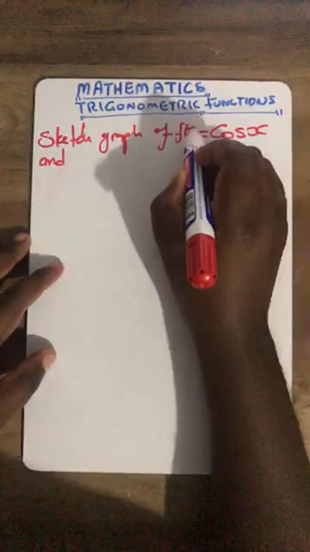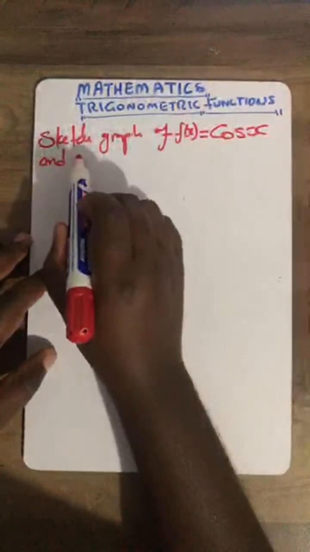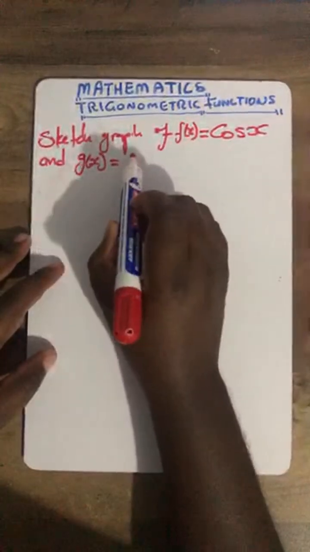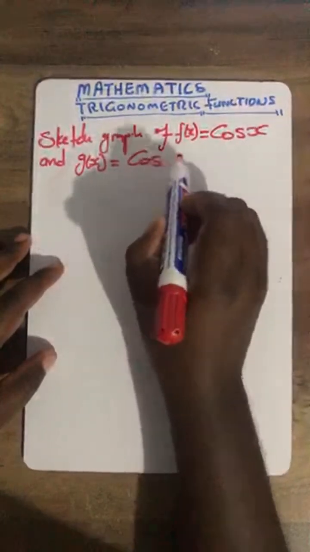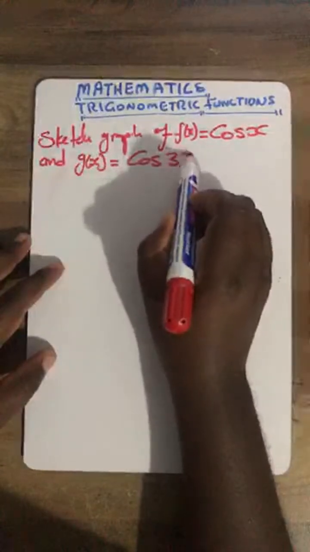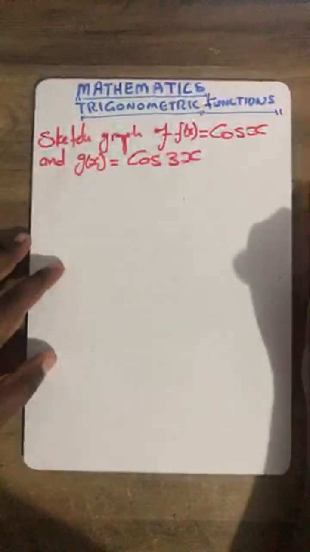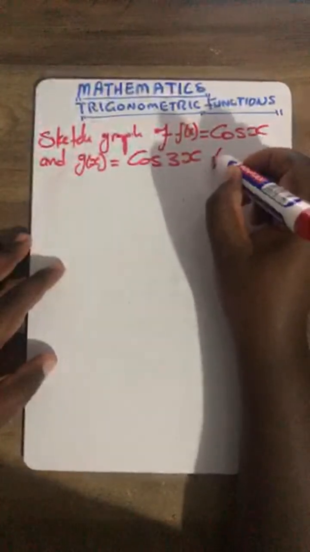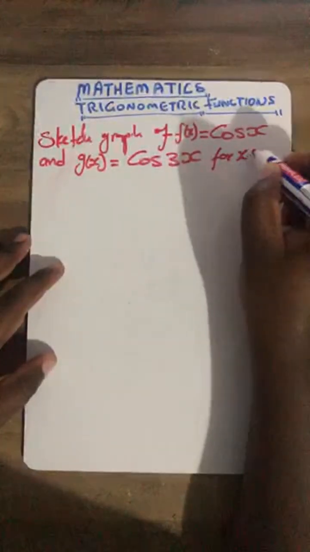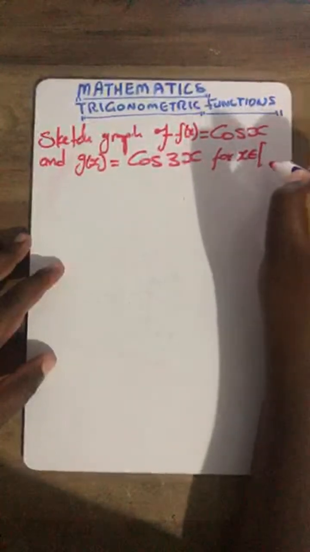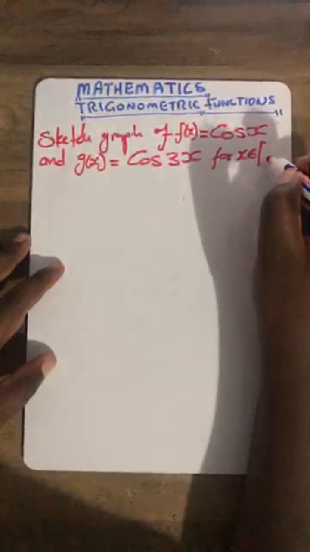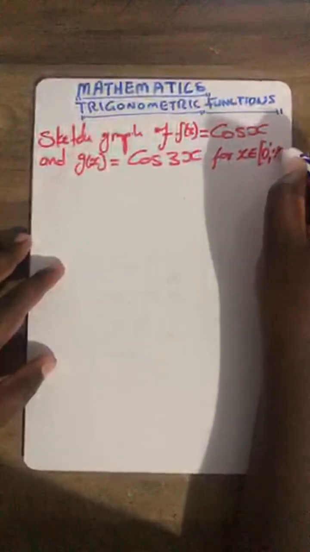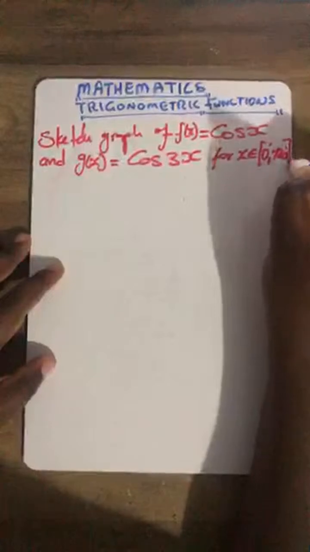I will therefore call this one f of x. This one I'll call g of x, and g of x equals, again, cos, but I'll put 3 there, cos 3x, with x being an element of 0 degrees and 120 degrees.